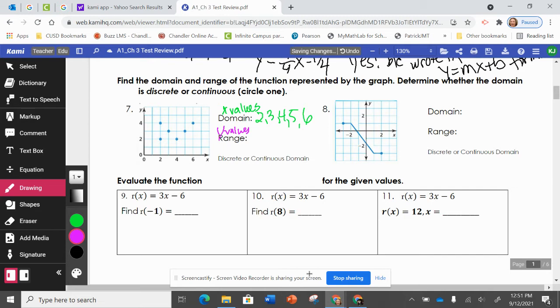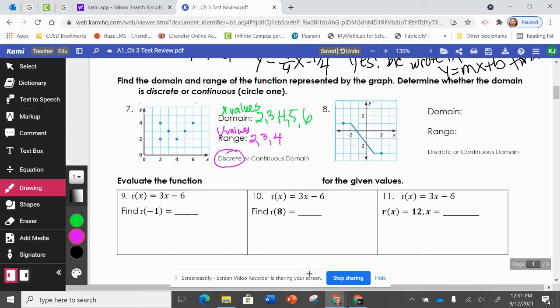And so the y values are 2, 3, and 4. This domain is discrete because it's a set of dots. They aren't connected together. So that means we can only have those values. We can't have any other values.